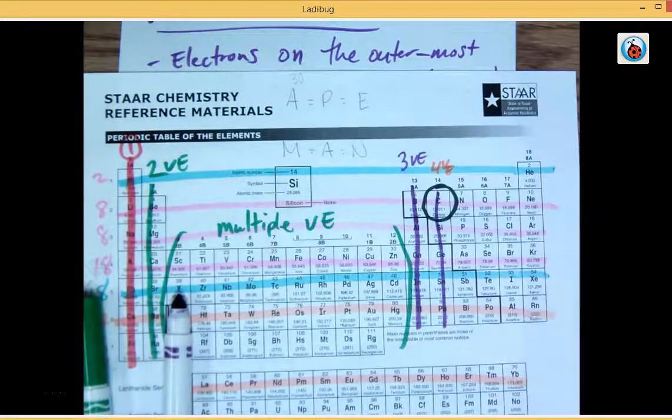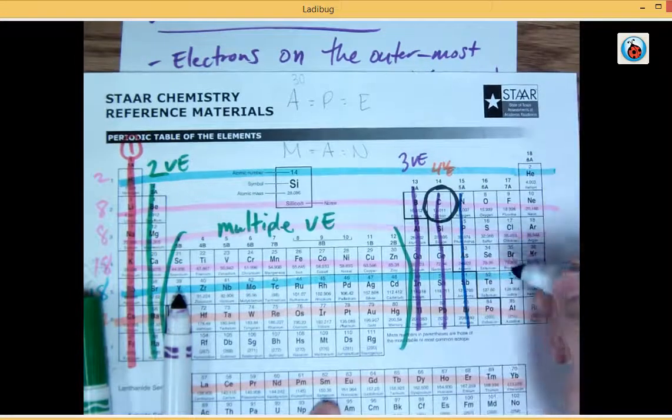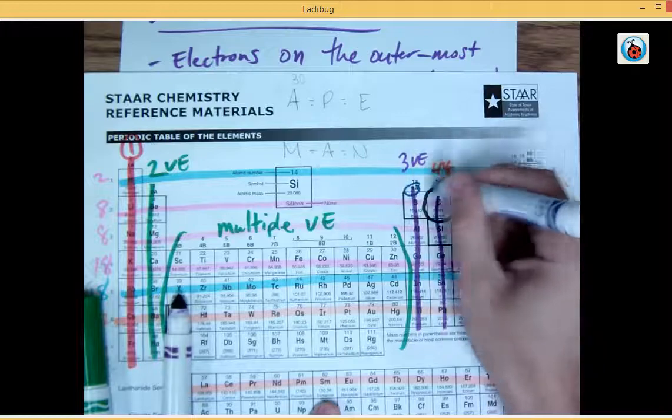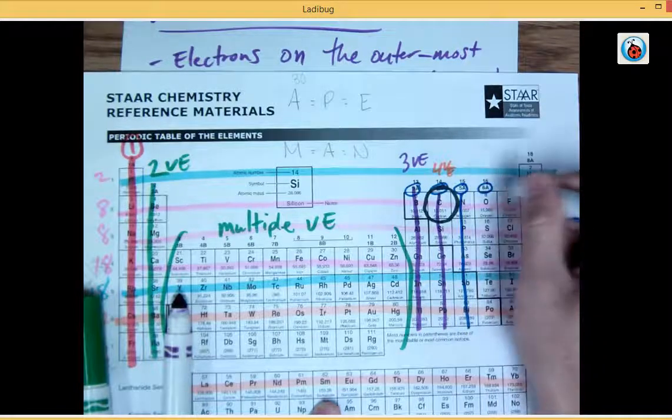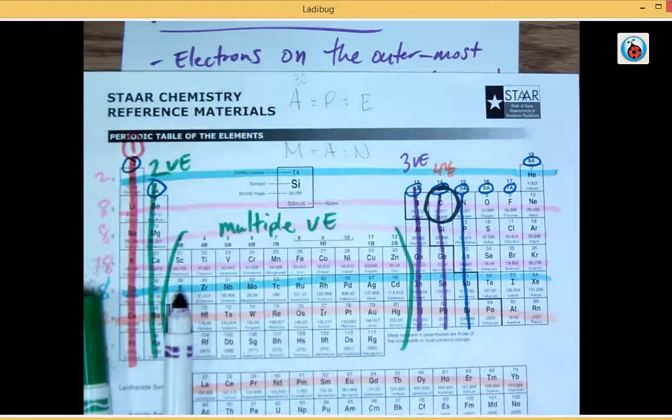Group 15, what do you think now? Drop the 1 in the front. It'll tell you 5. And that's what these little numbers at the bottom are, 3A, 4A, 5A, 6A, 7A, 8A. There's 1A, 2A over here as well. That's what those A's are telling you. These are your representative elements. Sometimes they're known as the main group elements. And that number, that A, tells you how many valence electrons.